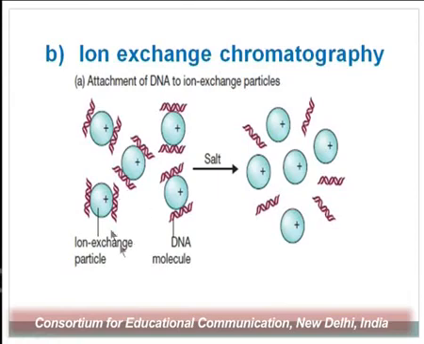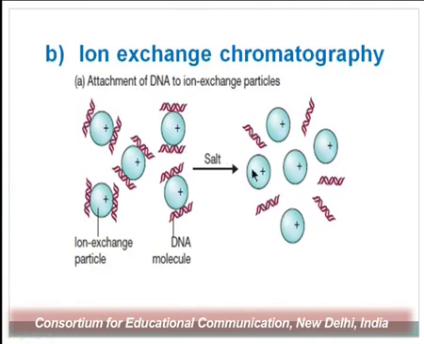Because the DNA is negatively charged, we can use positively charged molecules as the resin, and attach the DNA. By increasing the concentration of salt, the molecules attached to the resin will get dissociated. The sequence of dissociation will depend upon the concentration of the salt and the affinity of the molecules to the resin.